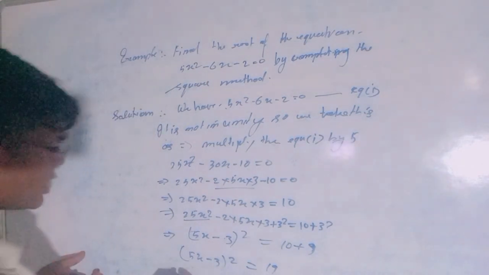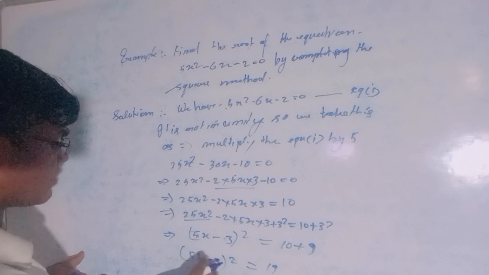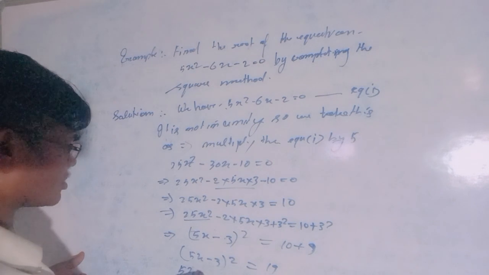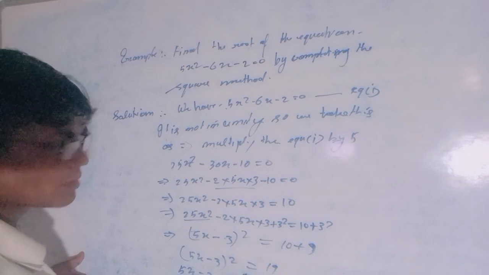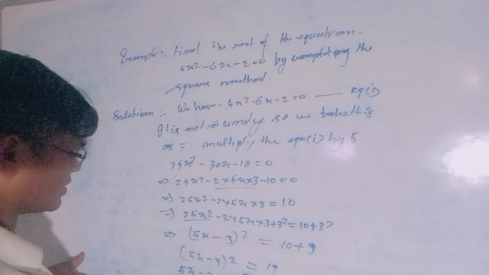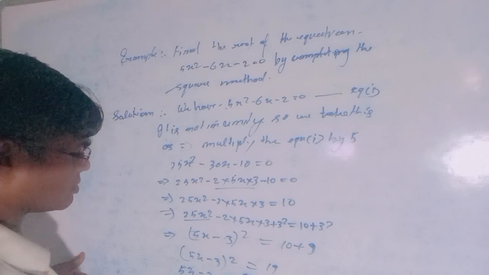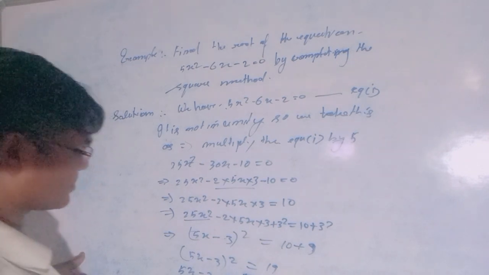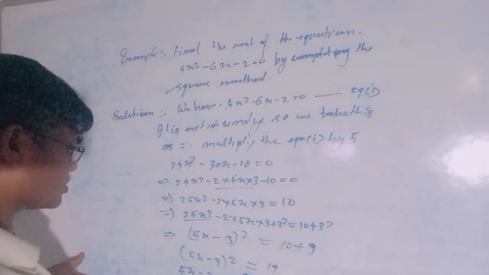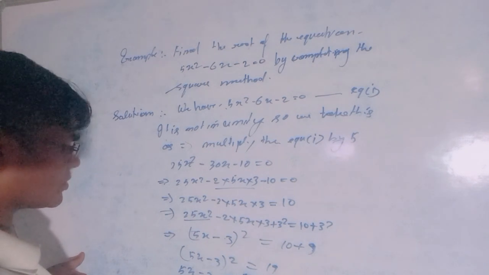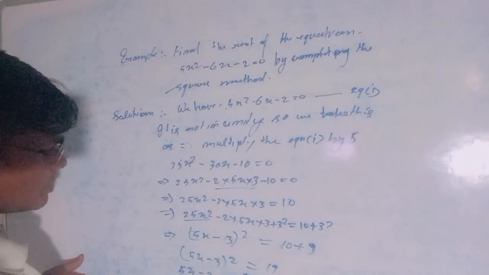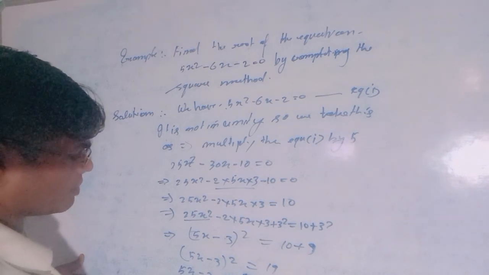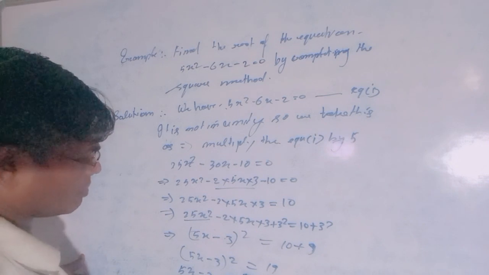So 5x minus 3 is equal to plus or minus root 19, or we can say 5x is equal to 3 plus or minus root 19, so x is equal to 3 plus or minus root 19 by 5.